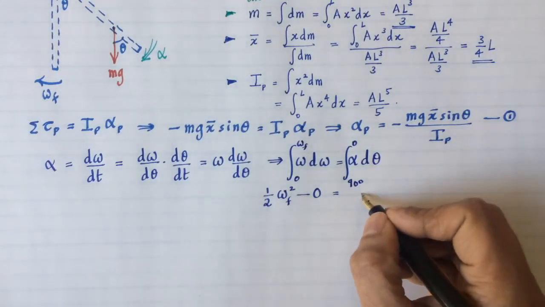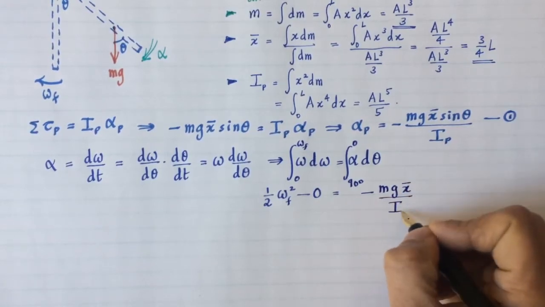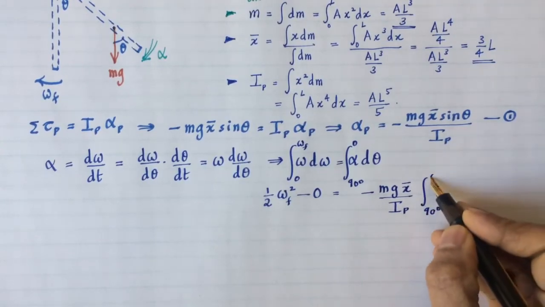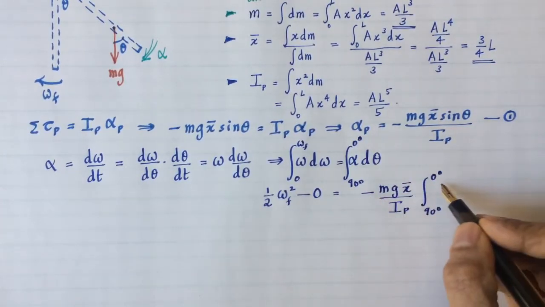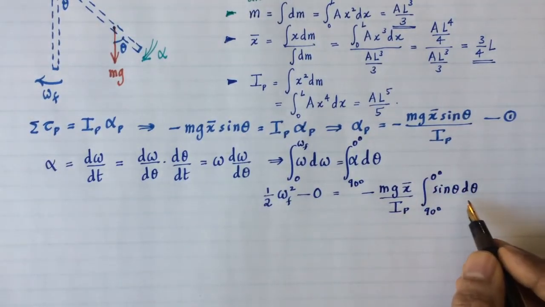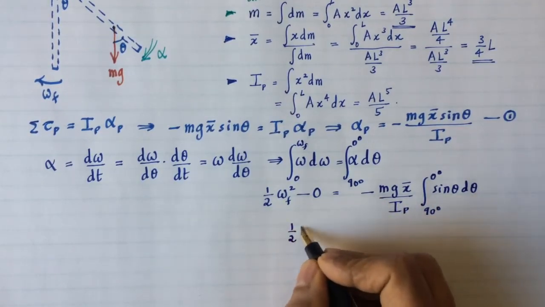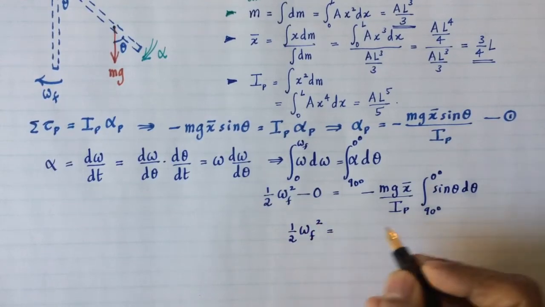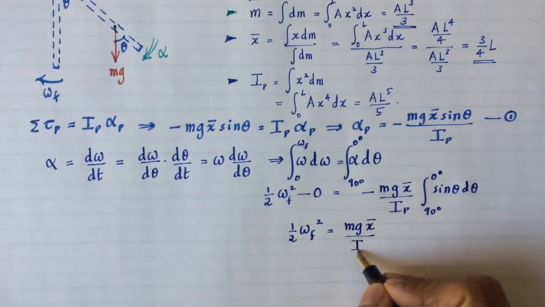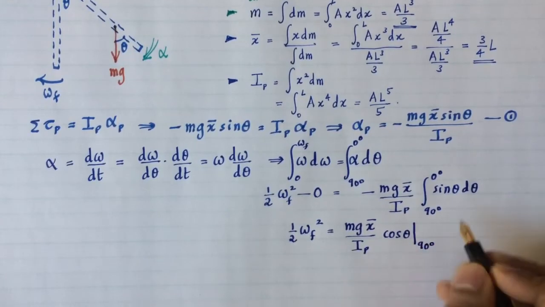So this gives me negative, all these constant terms I can bring outside, and I just have the integral of sine theta d theta. Well, the integral of sine theta is negative cosine theta, so that will take care of the negative sign up here. And I'm going to get 1/2 omega f squared equals mg x bar over I sub p cosine theta evaluated between the limits.